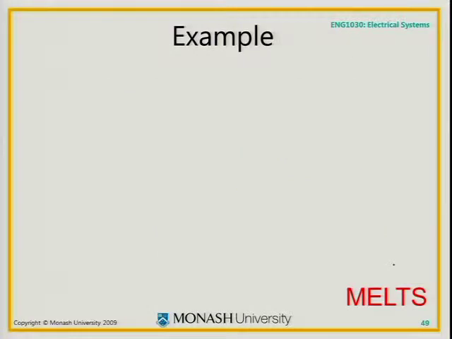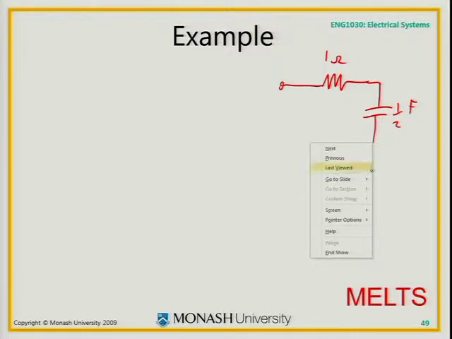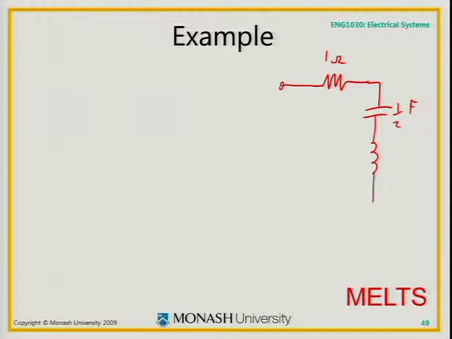So I want to just check that on one where the numbers are a little easier. So let's make sure. Easy numbers. Angular frequency 1 radian per second. I've got a 1 ohm resistor, a half a farad capacitor, and a 1 Henry inductor.